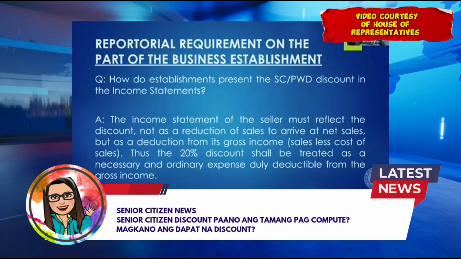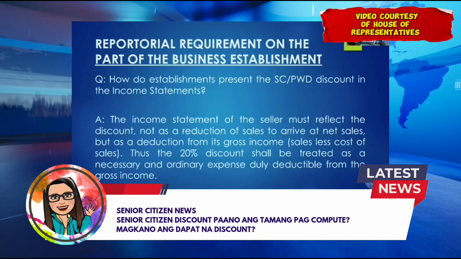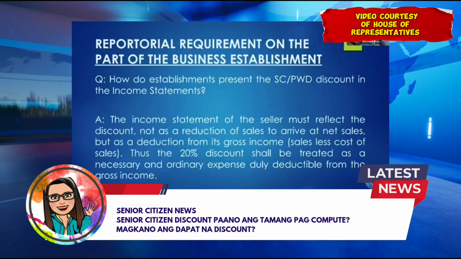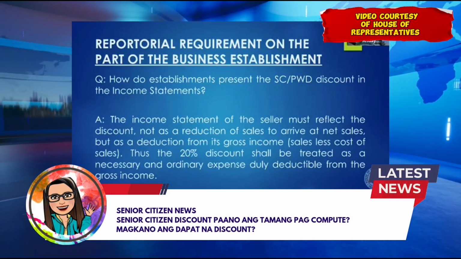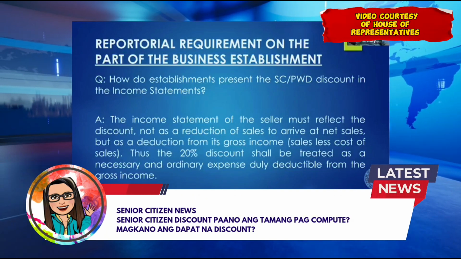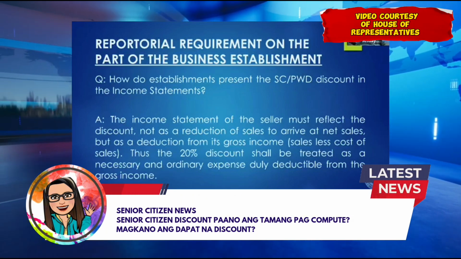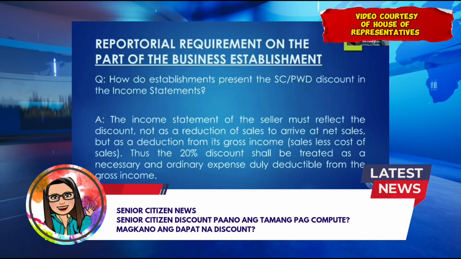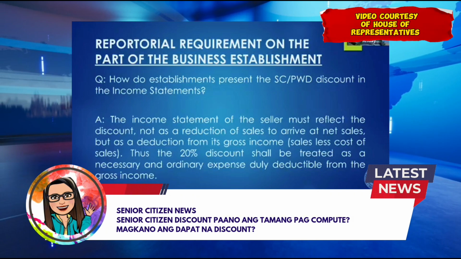In this case, Your Honor, the establishment must present the actual amount of sale. Then you put the discount on the necessary and ordinary expenses as a deduction from the gross income, Your Honor.